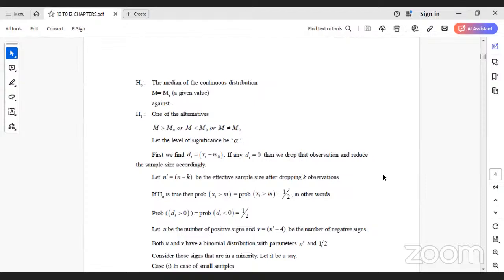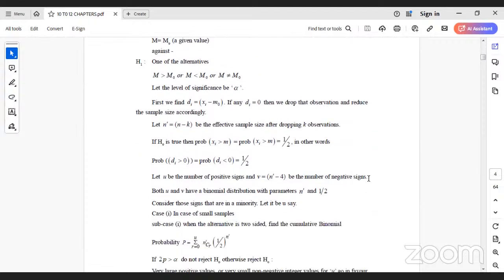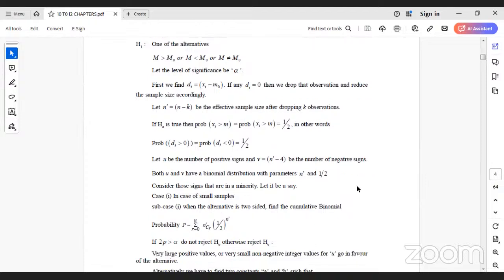If H0 is true, then probability xi less than M and probability xi greater than M are each equal to 1/2. In other words, probability di greater than 0 and probability di less than 0 are each 1/2. Let u be the number of positive signs and v equal n dash minus u be the number of negative signs. Both u and v are binomial with parameters n dash and 1/2. Consider the signs in the minority, let it be u.